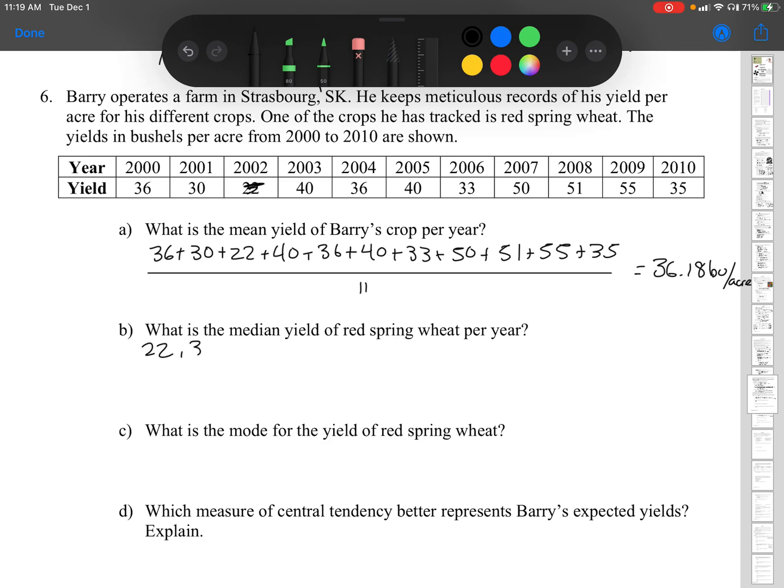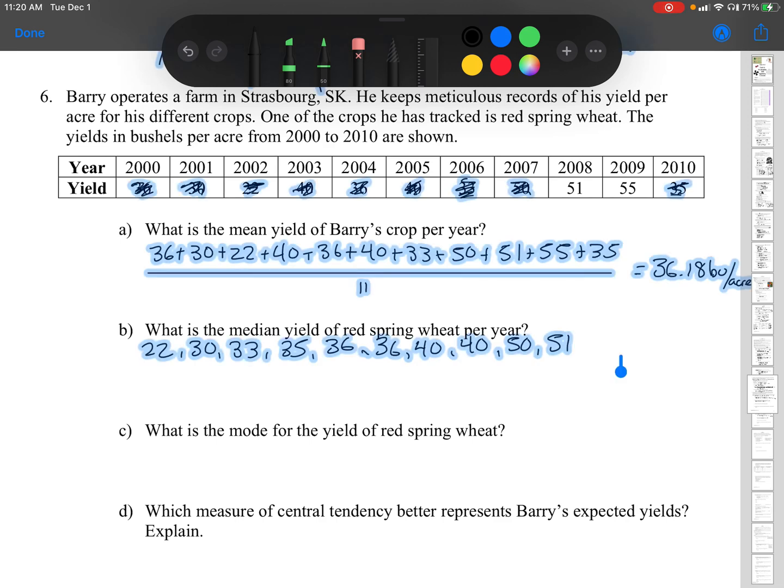And then we got 30, and 33, and then 35, and then 36, and then 36 again, and then 40, 40, 50, 51, and 55, like so.